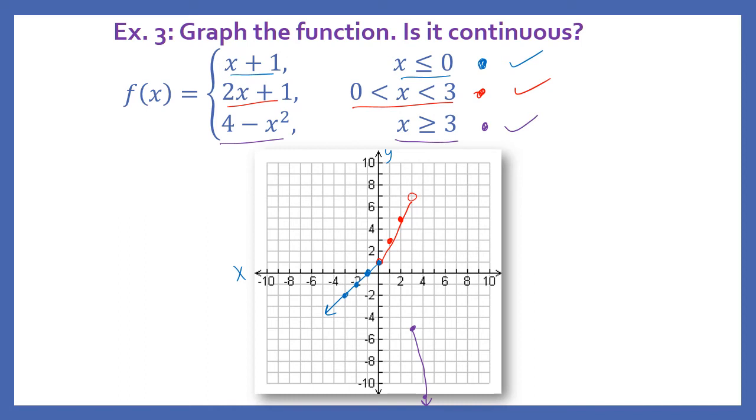Now we want to answer, is it continuous? And remember, if there's any gaps or breaks in your graph, it is not continuous. So looking at this, there is a huge gap between my second and third piece of my function, the red one and the purple one. Therefore, it is not continuous. So we can say discontinuous. And it's always a good idea to justify your response.